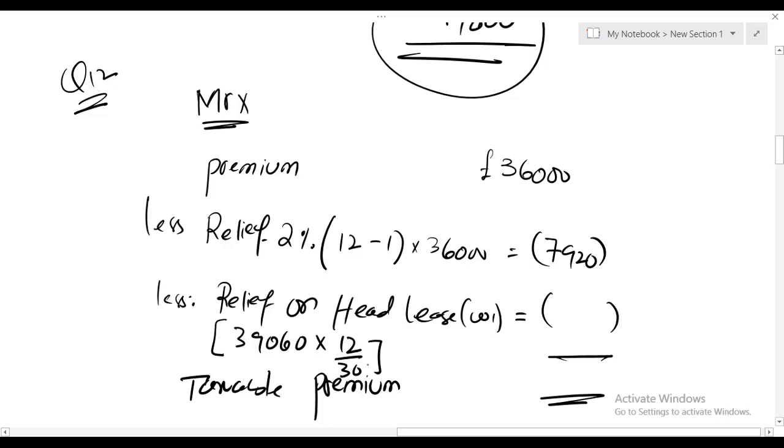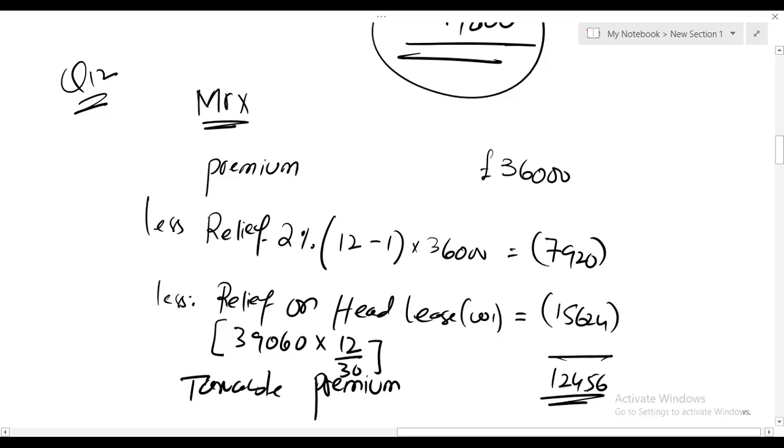So you will get relief on head lease, 39060 into 12 divided by 30. It is 15624. 36,000 into 7920 minus 15624. You will get a taxable premium of 12456.